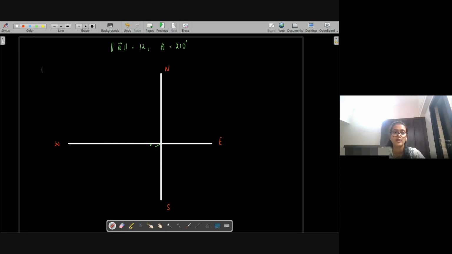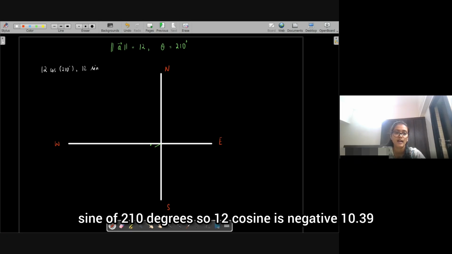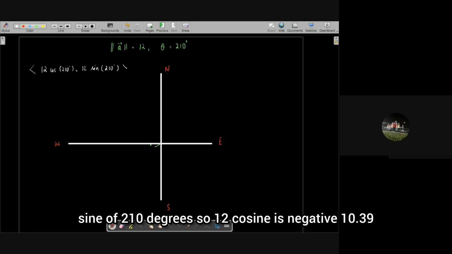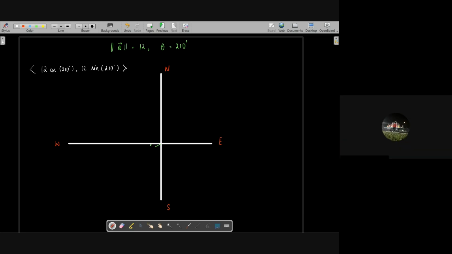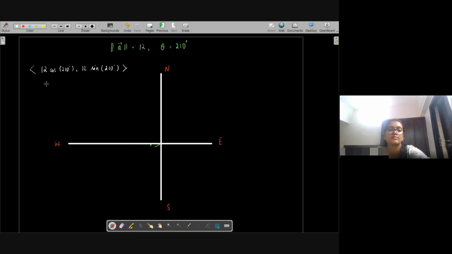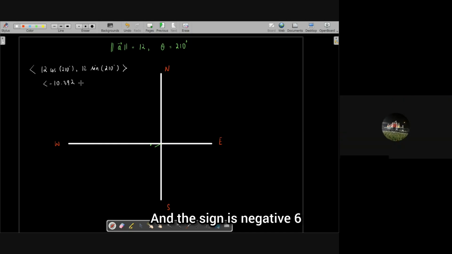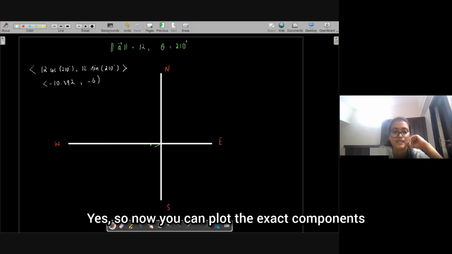So components will be 12 cosine 210 and 12 sine of 210 degrees. 12 cosine is negative 10.39, and the sine is negative 6. Now you can plot the exact components.